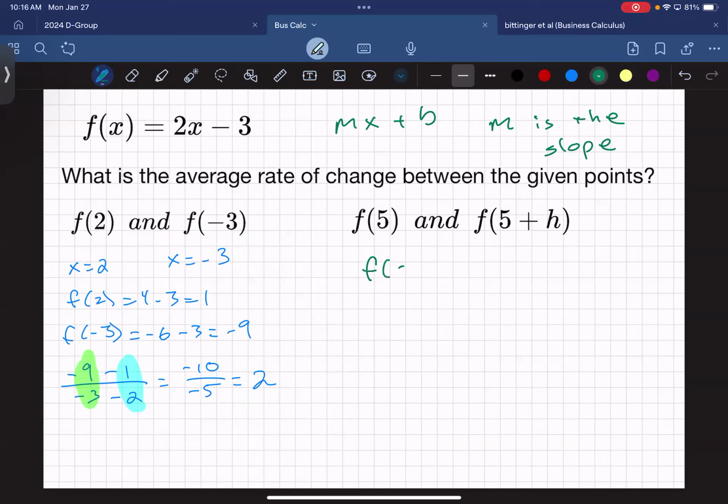All right, for this problem, f of 5 gives us what, 10 minus 3? So we get 7. What you're going to find here with the second one is that all we're going to be able to do is simplify because of that h. So just keep in mind, with the h, all I can do is simplify, but let's simplify as much as we can.